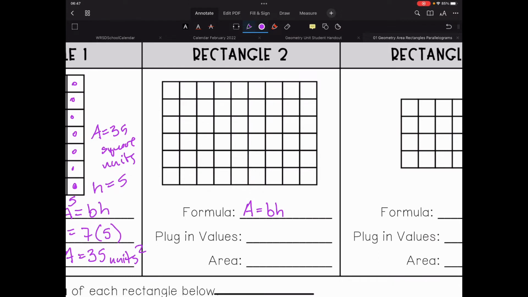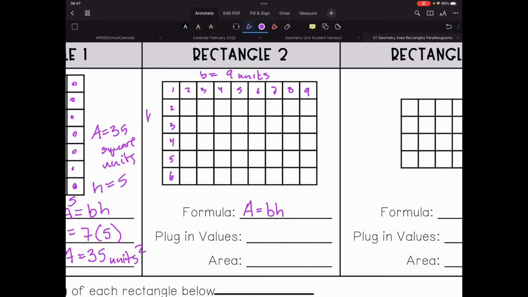So if I count across here, I've got 1, 2, 3, 4, 5, 6, 7, 8, 9 units. So I'm just going to say this is 9 units. That's my base. And then my height is 1, 2, 3, 4, 5, 6.